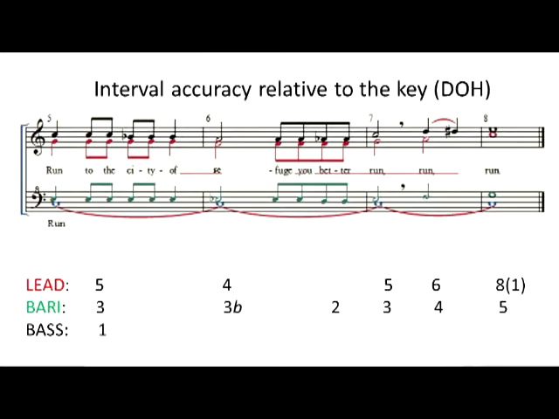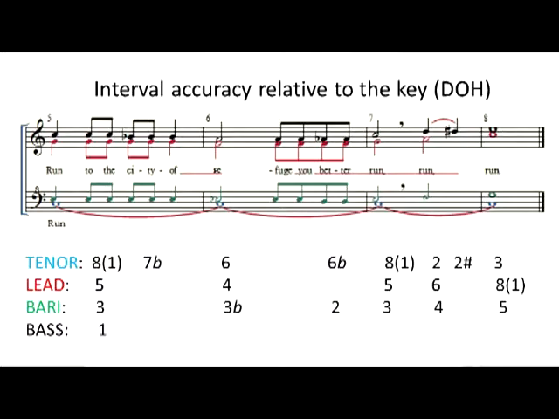All right, tenors, you got a lot going on here this time because you skated on do last time. So. All right, let's look at the tenor line. You start on 8. 1. Lovely line, isn't it? All right, let's start you off there, tenors, and run to the city of refuge, you better run, run, run.